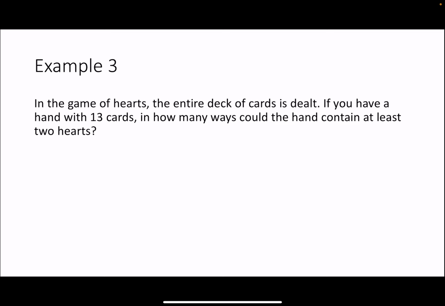Example 3. In a game of hearts, the entire deck of cards is dealt. You have a hand with 13 cards. In how many ways could the hand contain at least 2 hearts? So at least 2 hearts, that means I could have 2 hearts. That's one case. 3, 4, 5 hearts, 6, 7, 8, all the way to 12 and 13 hearts, right?